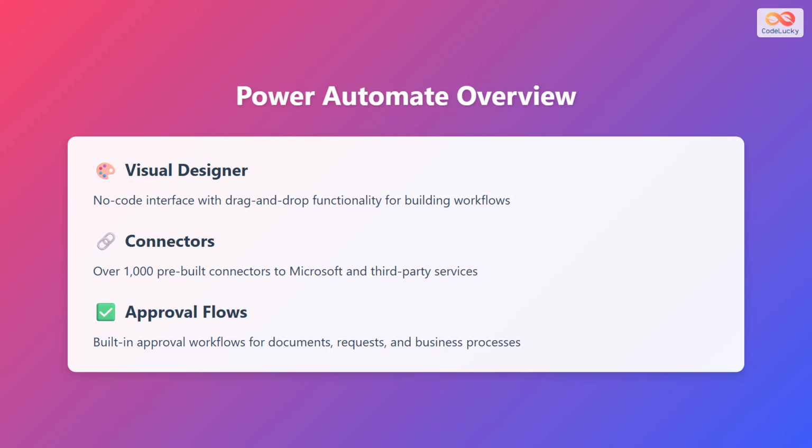Power Automate also has built-in approval workflows, making it easy to automate business processes that require human decision-making. This tool is ideal for automating routine tasks, creating notification systems, and building approval processes without requiring programming expertise.